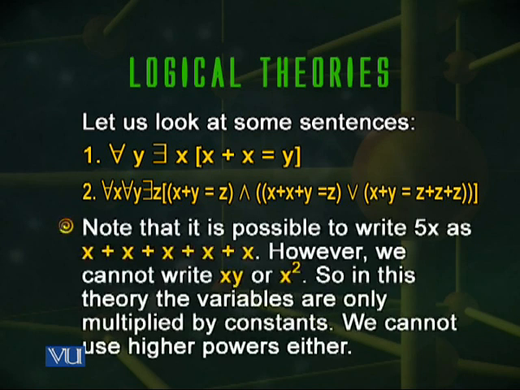Note that it is possible to write 5x as x plus x plus x plus x plus x. However, we cannot write x times y or x squared. So, in this theory, variables can be only multiplied with constants. We cannot use higher powers either.